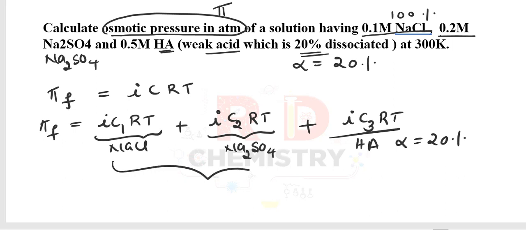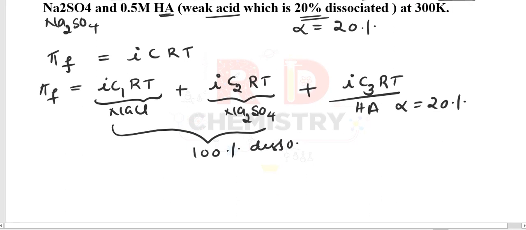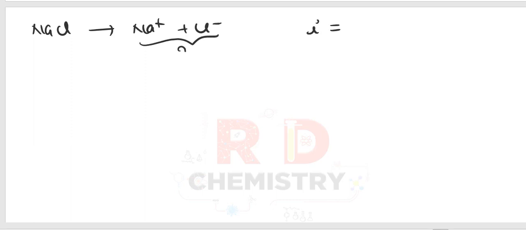Now sodium chloride and sodium sulfate both are 100% dissociated. We can calculate the i value directly. So I'll start with the i value calculation for sodium chloride and sodium sulfate. Sodium chloride NaCl gives Na+ and Cl-. So i value is equal to, after dissociation 2 particles, before dissociation 1 particle.